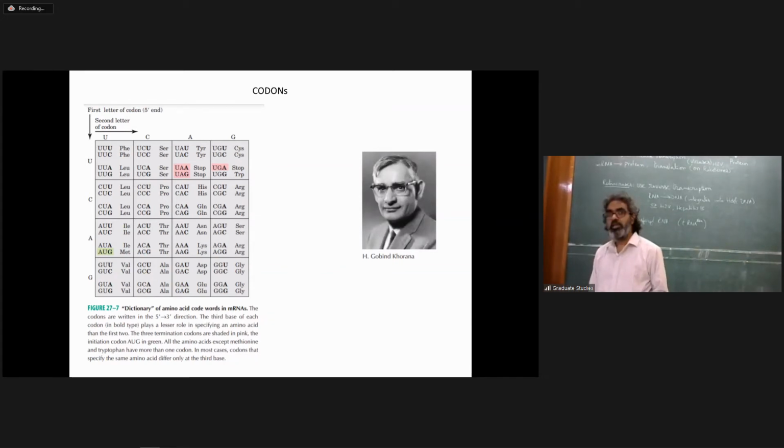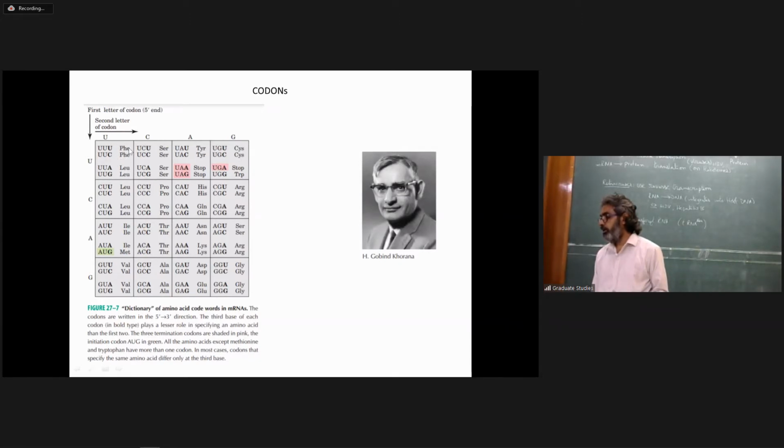But we have only 20 amino acids. Okay, so some transfer RNAs, there is what do you call redundancy, right? So you actually have tRNAs which bind two sequences.